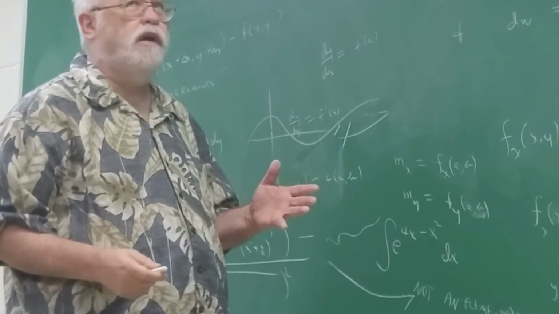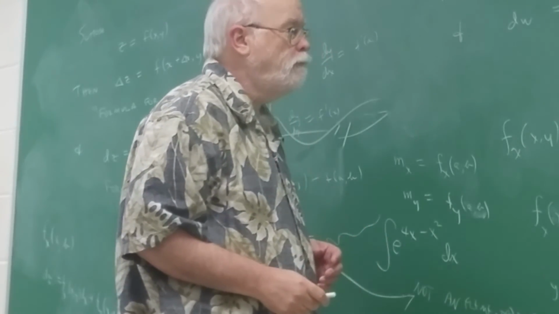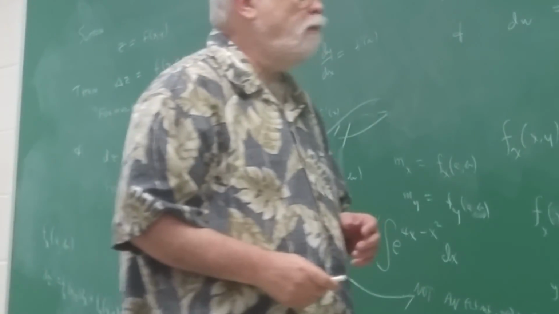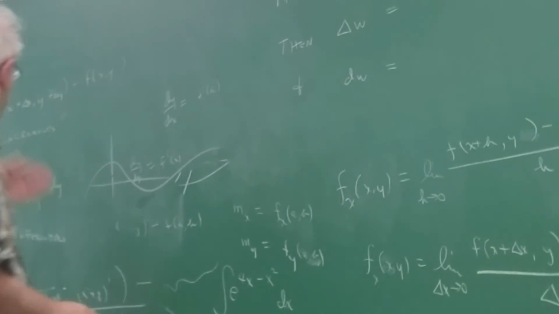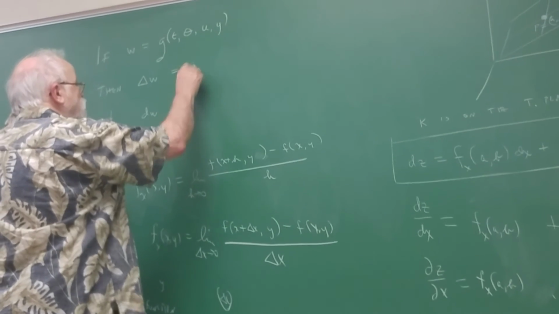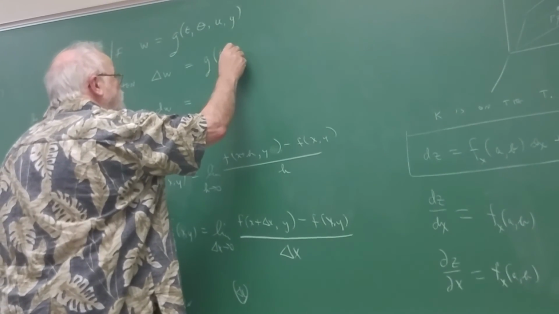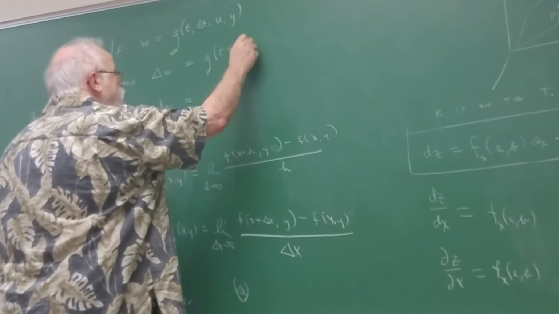What's delta w going to be? Where was my sample? Here's my sample. Delta w is going to equal g of t plus something. How about calling it delta t?